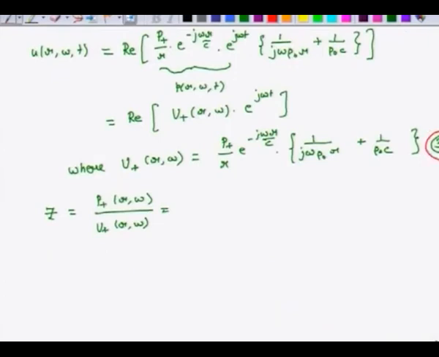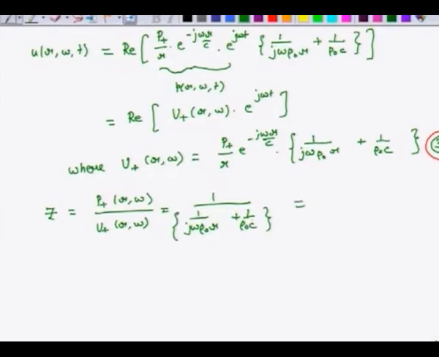Essentially what I get is 1 over, j omega rho naught r plus 1 over rho naught c.